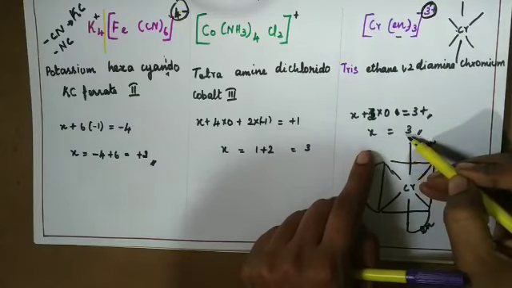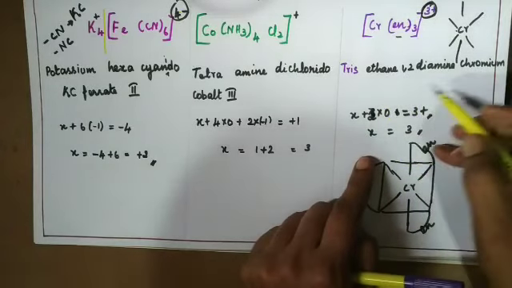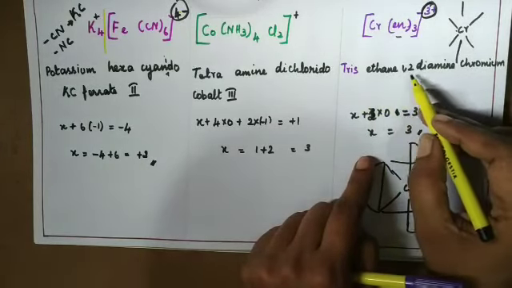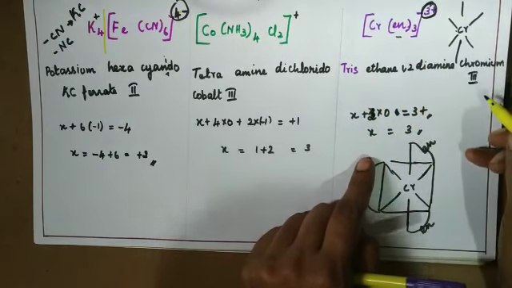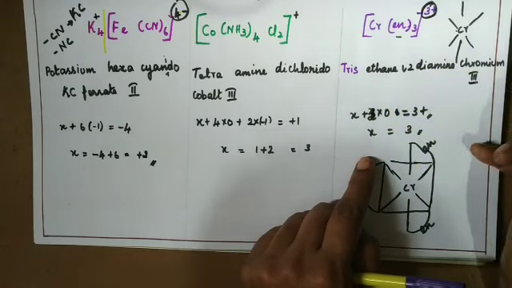Therefore x is equal to 3. So in this example, the name is tris(ethane-1,2-diamine)chromium(III). Okay students, do you understand? Hope you understood. Thank you.